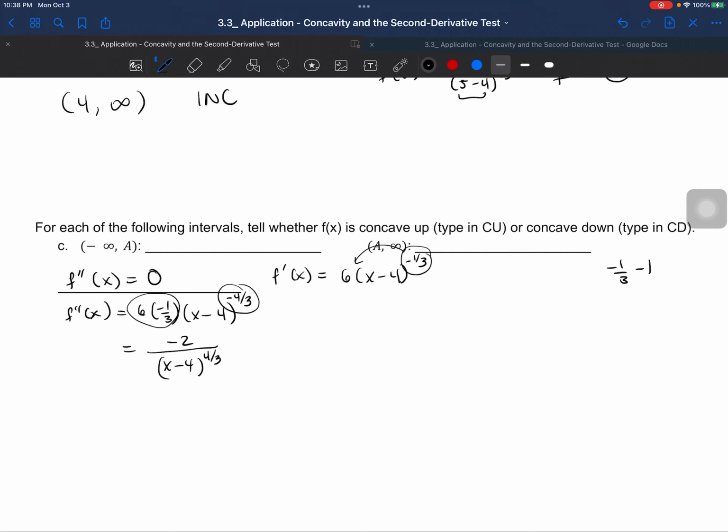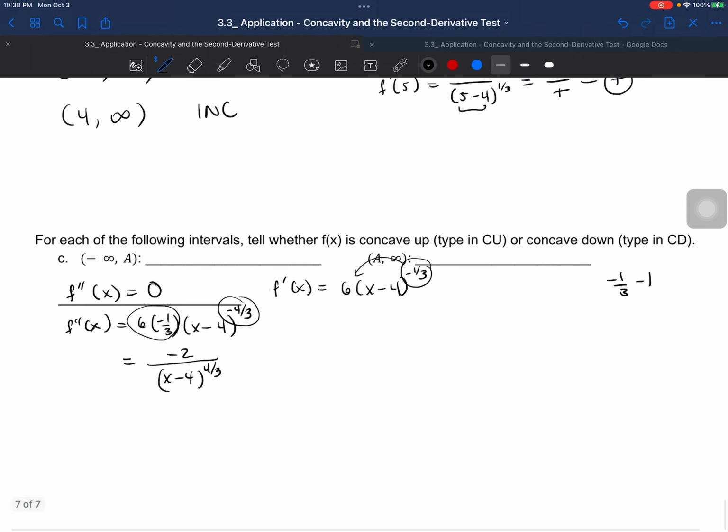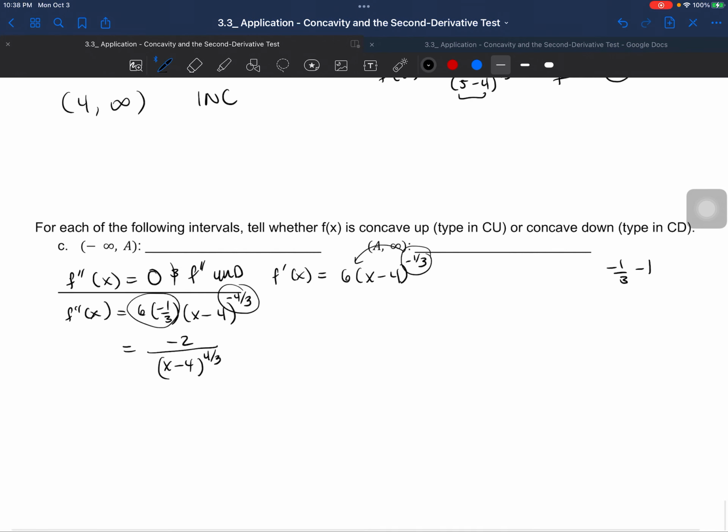Alright, so we're going to find where this is positive or negative. We also have to find out where this is undefined. In this case, this is never going to equal 0, right?